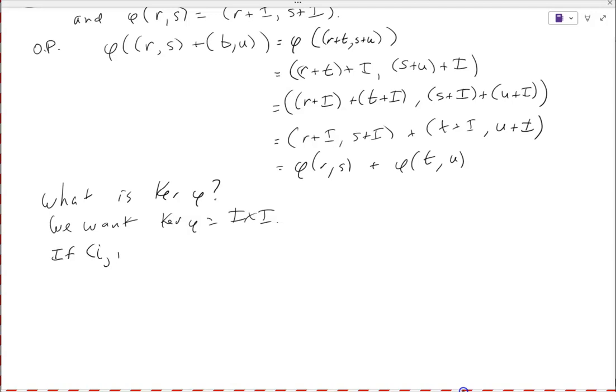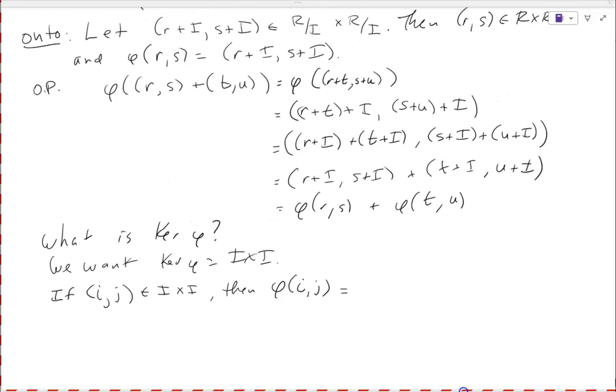If i comma j is in I cross I, then phi of i comma j is equal to what? 0 of the output. It maps to 0. I don't know what's in the kernel yet. I want to show that it is in the kernel.